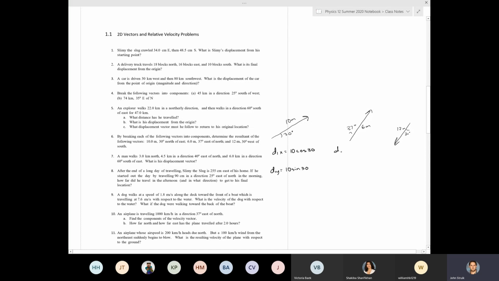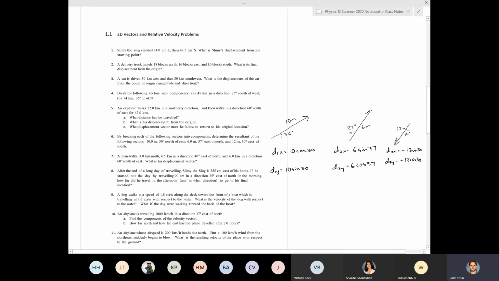D2x will be 6 sine 37, and D2y will be 6 cos 37. And then D3x will be negative 12 sine 30, and D3y will be equal to negative 12 cos 30. Okay, so that's breaking them all into their components, and then determine the resultant of the following vectors.